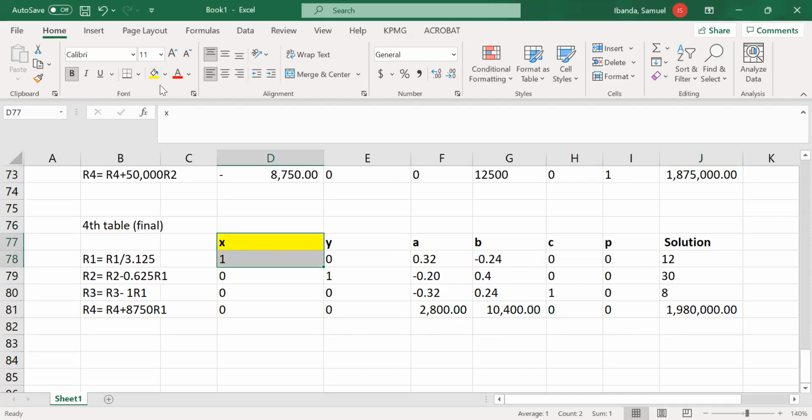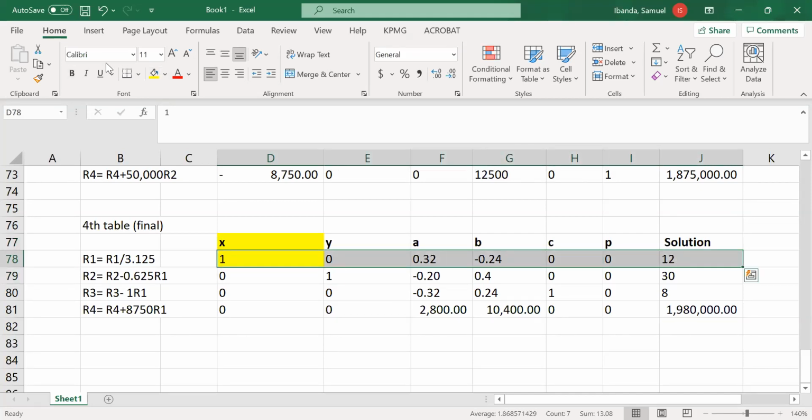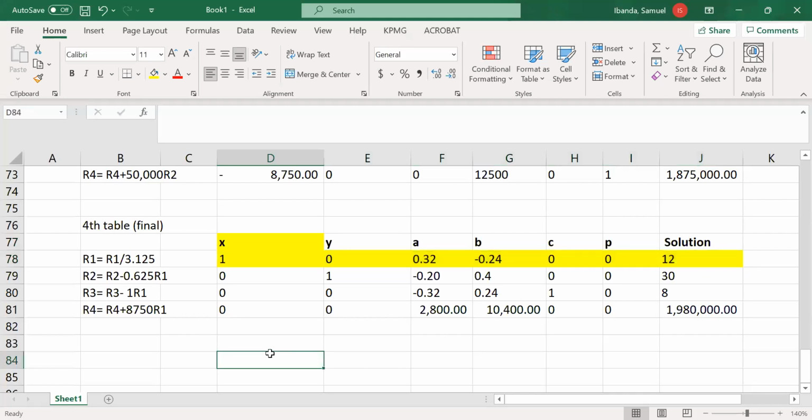Come to here, and then when you move to this other side, it gives you 12. So the 12 is actually the value of X. So your X, which were our grade 1 patients, is actually 12.